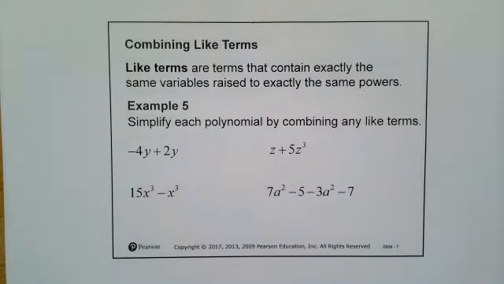All right, next. Combining like terms. All right. Combining like terms is the same as simplifying. Those mean the same thing. Like terms are terms that contain exactly the same variables raised to exactly the same powers. Okay.